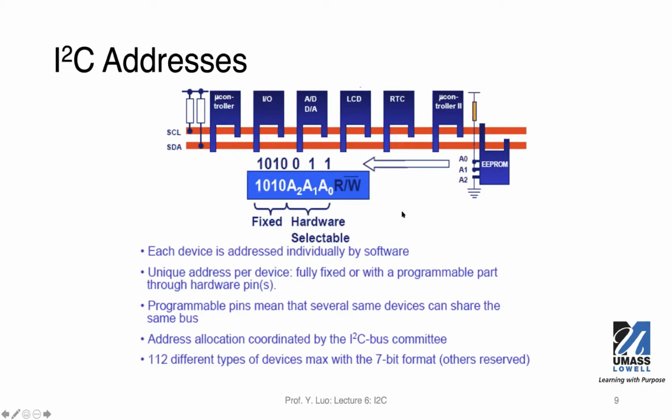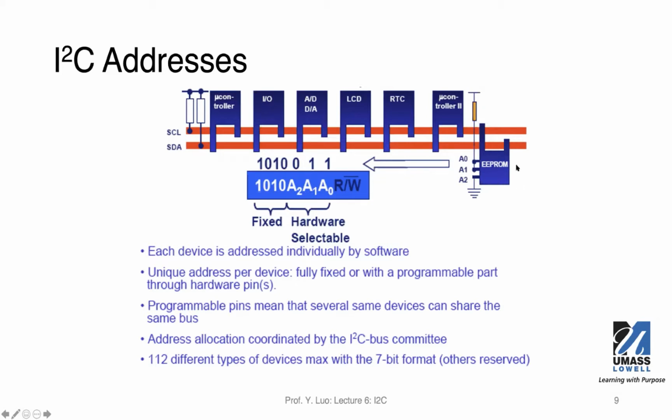But think about when you have multiple EEPROM chips from the same vendor, can you connect 2 of them on the same I2C bus? No. You cannot, because if you connect the same chip with all these 7-bit addresses fixed, then you're going to cause conflict.